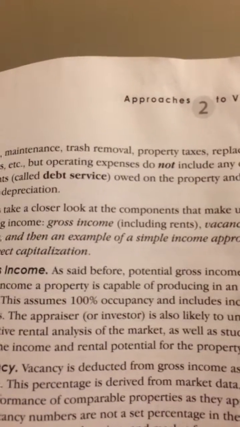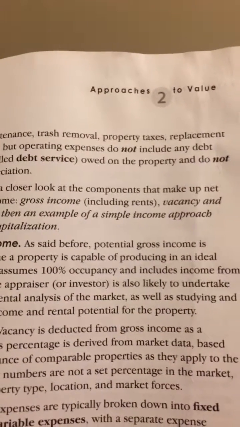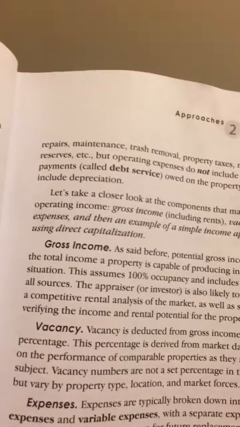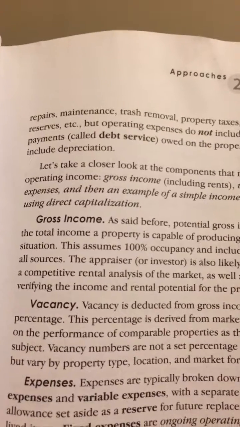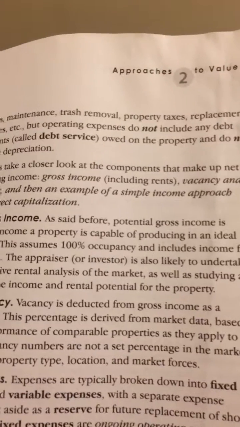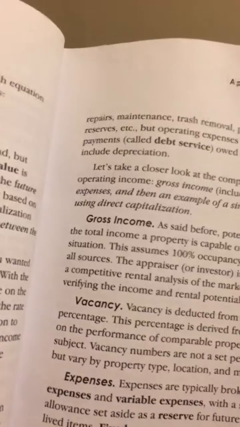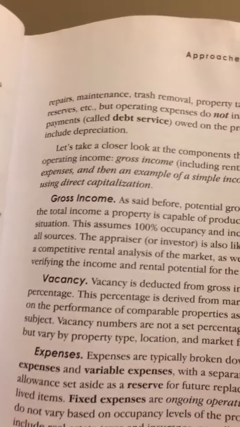Gross income, including rents, vacancy and expenses, and then an example of a simple income approach using direct capitalization. Gross income. As said before, potential gross income is the total income a property is capable of producing in an ideal situation.